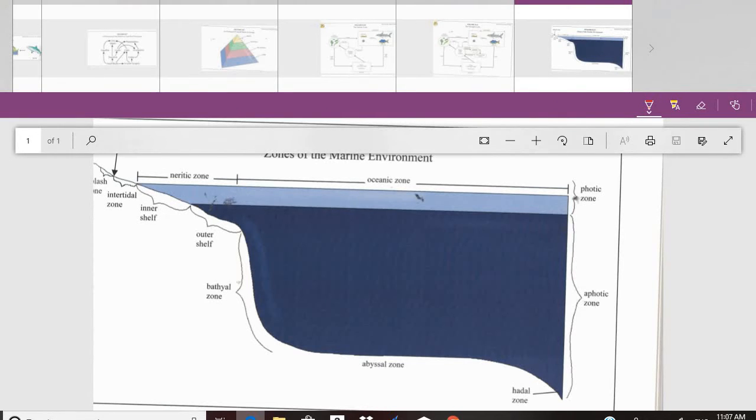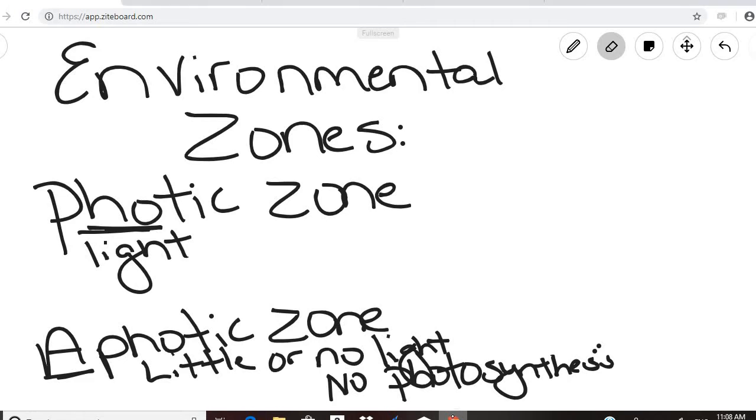Here down to this depth, light can penetrate and photosynthesis could take place, and then below that, this area here is called the aphotic zone because the depth is too great for light to penetrate and photosynthesis would not take place. Okay, so then the second thing we need to look at, within the photic zone, we're really talking about three things. We're talking about the splash zone, the intertidal zone, and the inner shelf. So let's define those.